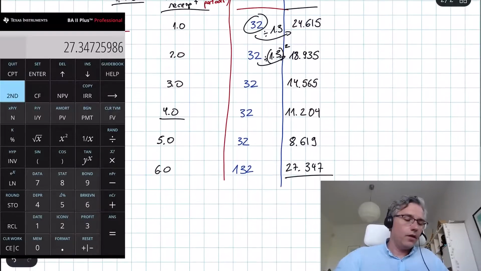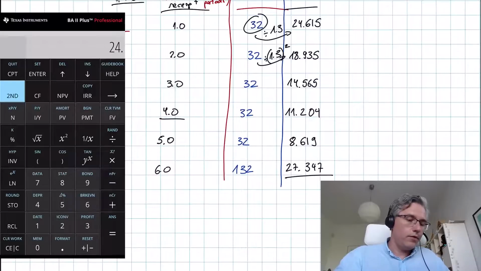So 24.615 plus 18.935 plus 14.565 plus 11.204 plus 8.619. You really don't want to do this the long way. I'm just trying to prove to you that we'll get the same result on the calculator.